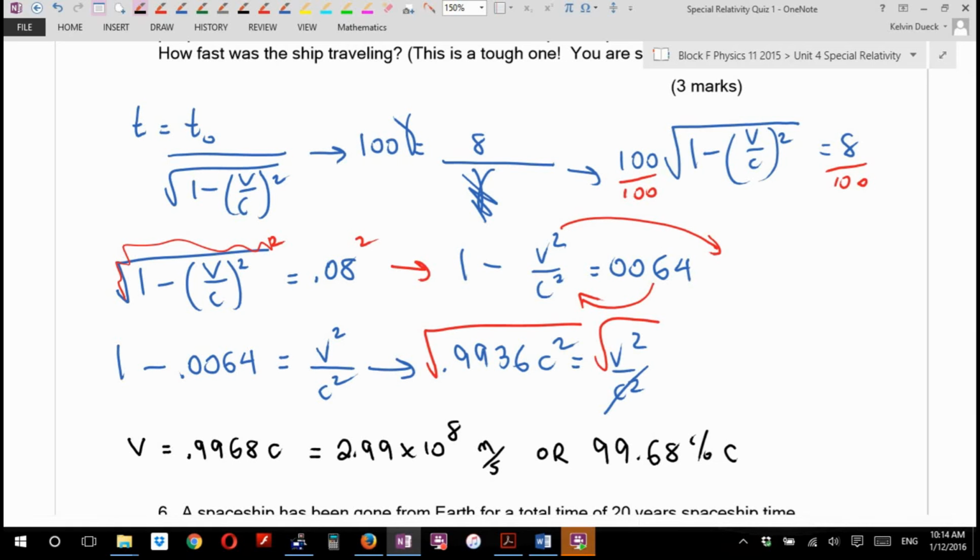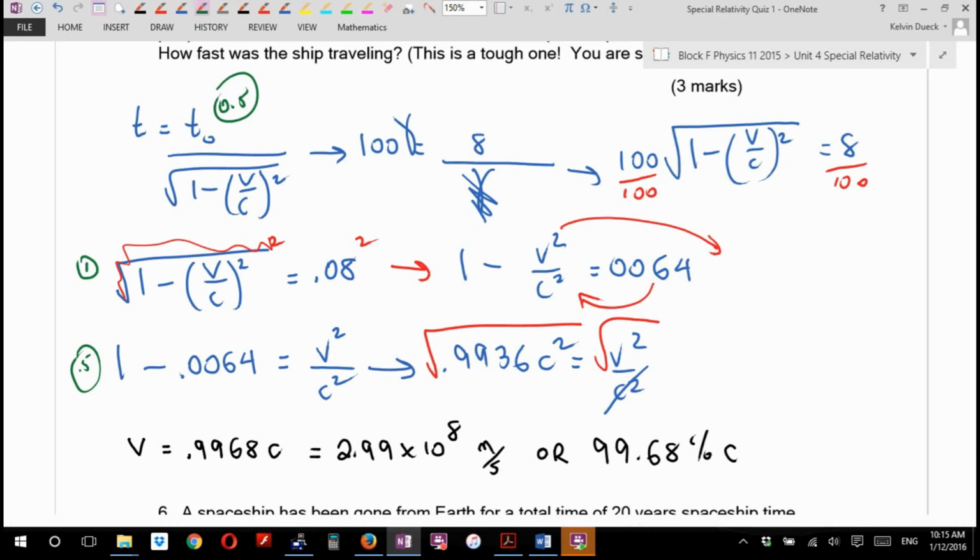Otherwise, I'd give you a half mark probably for writing that. I'd probably give you 1 whole mark if somewhere along the way I saw the 1 minus v over c squared square root equals the 0.08. I'd probably give you a half mark if you got rid of the square root and got the v squared by itself.